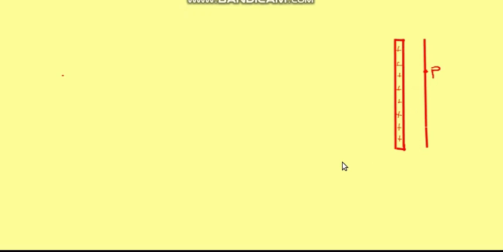So what we are doing is, first we are constructing a Gaussian surface. In this case the Gaussian surface will be that of a cylinder.